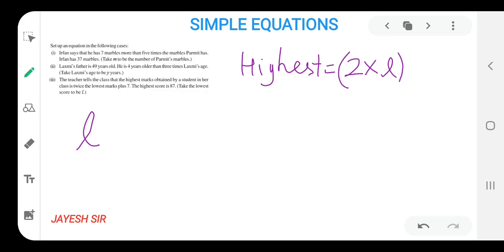Twice the lowest mark plus 7, so I am writing plus. The highest score is 87, so below highest we write the score that is given: 87 equals 2L plus 7. So the equation we have formed is 2L plus 7 equals 87.